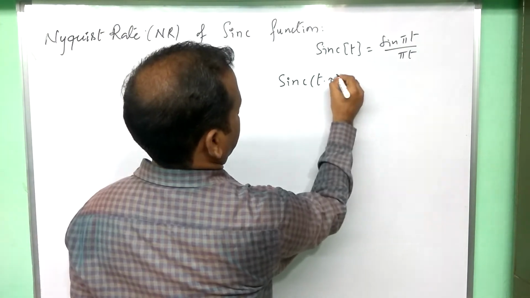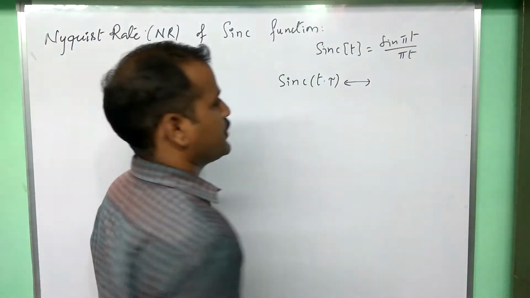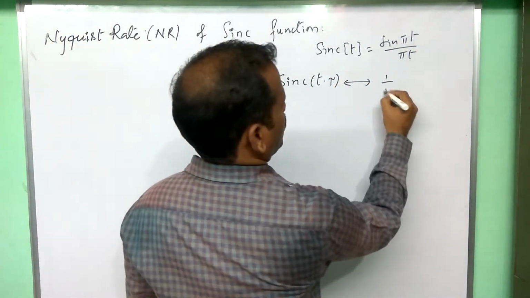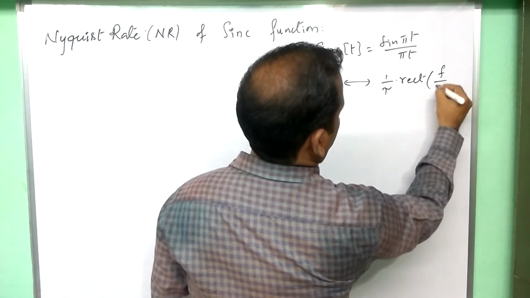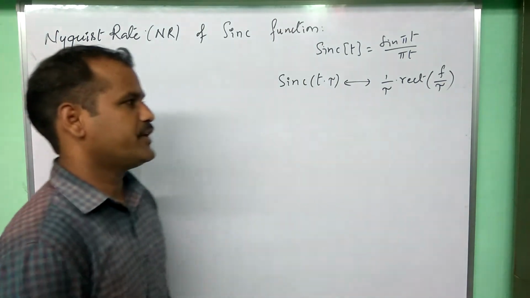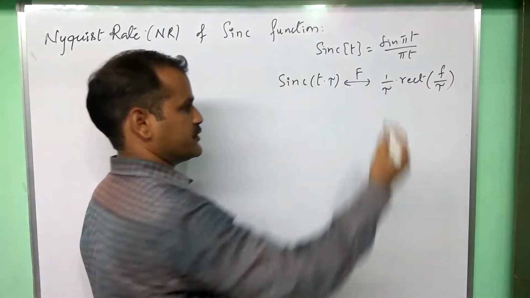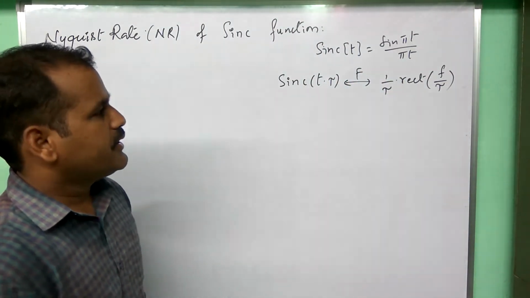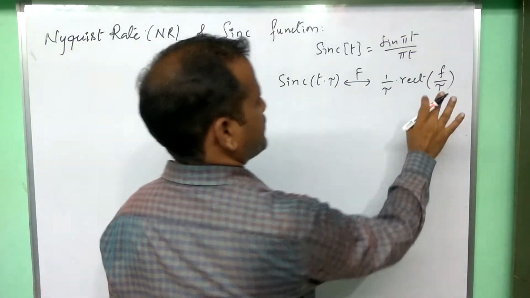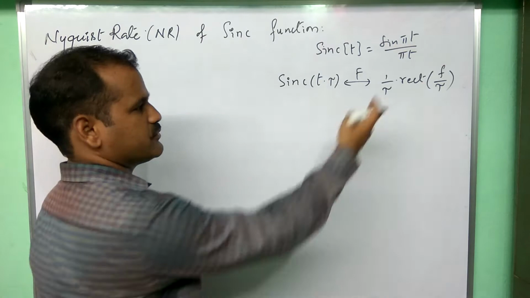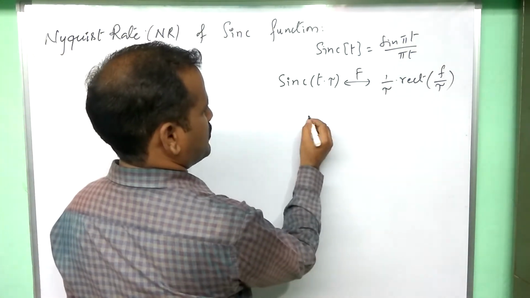Sinc of t tau has the Fourier transform 1 by tau times rect of f by tau. That is the Fourier transform of the sinc function. Here tau is nothing but the width of this rectangular function in the frequency domain. Of course, this comes from the Fourier transform pair.